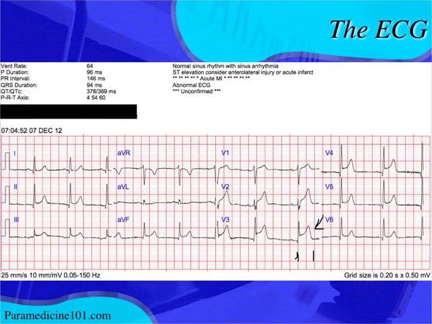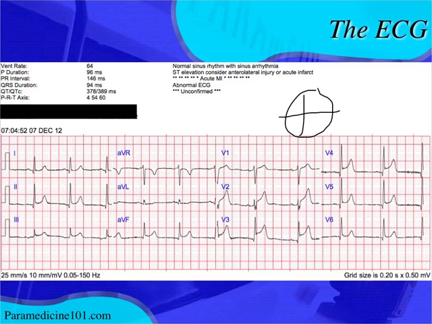Then our QRS axis is 54, which is normal, and you can quickly double check to make sure. If leads 1, 2, and 3 are all positive, that's a quick indicator that your QRS axis is normal. Or you can use the quadrant method, where you would look at lead 1 and aVF.